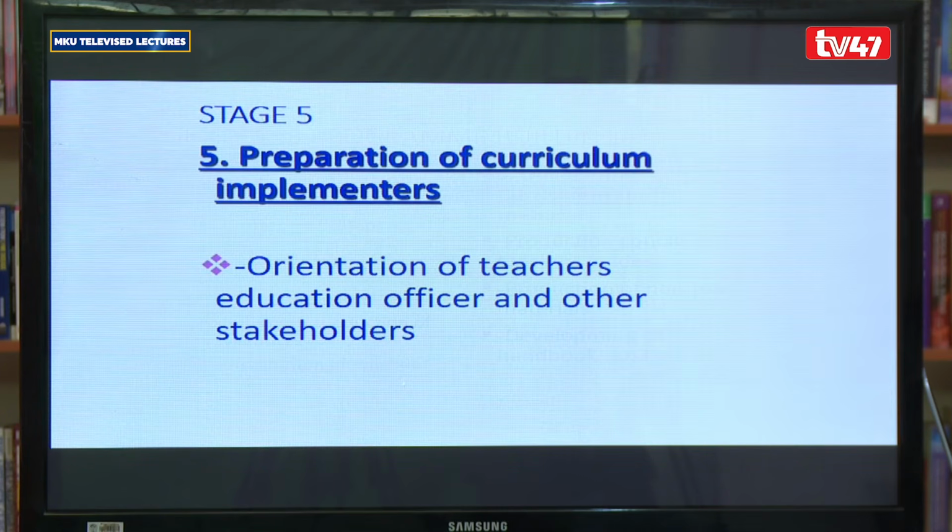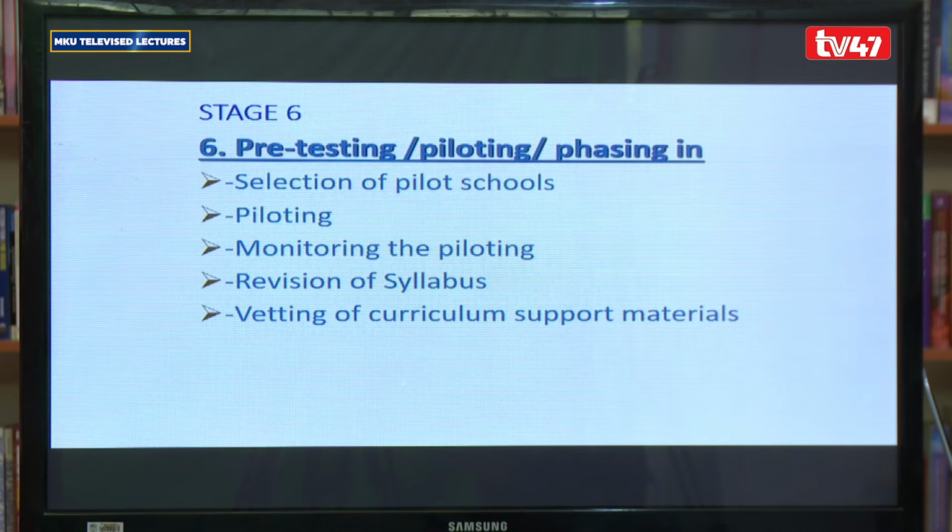Then stage 5 is where we prepare the curriculum implementers. This involves the orientation of teachers, education officers, and other stakeholders. And why do we need to prepare them? We need to prepare them because they're the ones who are going to implement the curriculum when it comes to the implementation process.